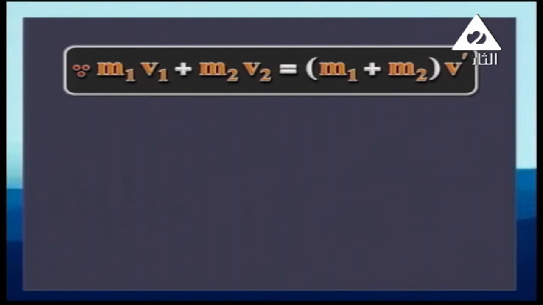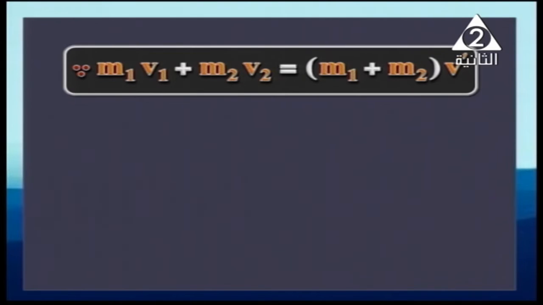My dear student, we know that M1 V1 plus M2 V2 equals M1 plus M2 inside the bracket times V dash. What do you mean, my dear student? The momentum before hitting equals the momentum after hitting the wall.